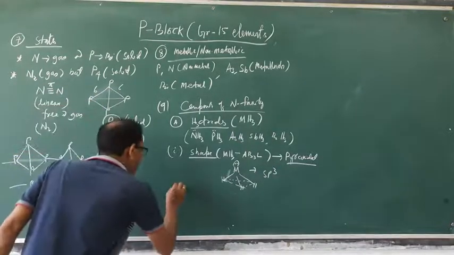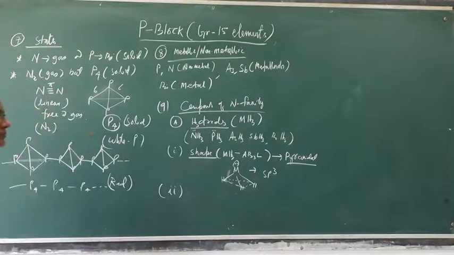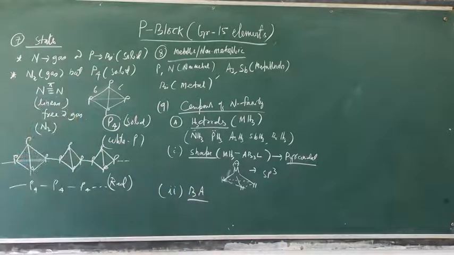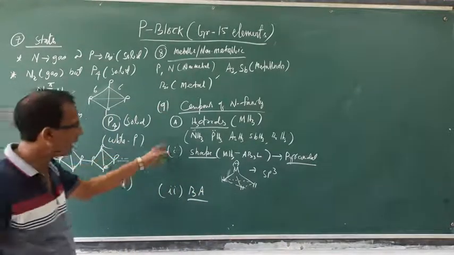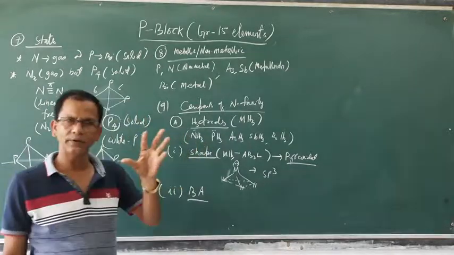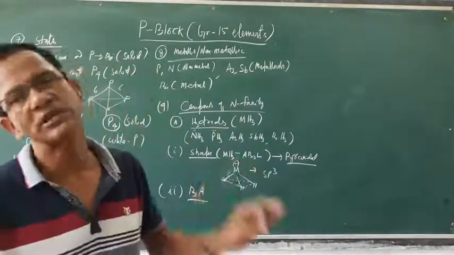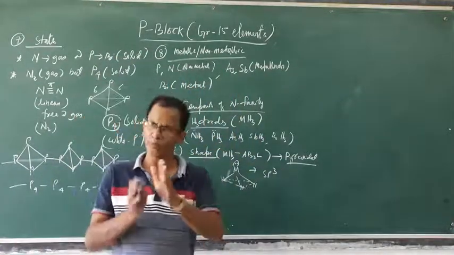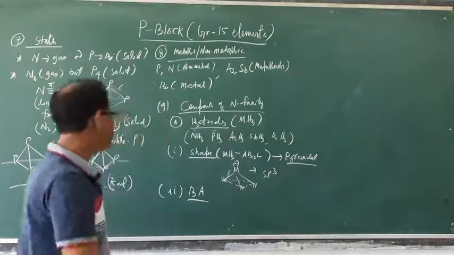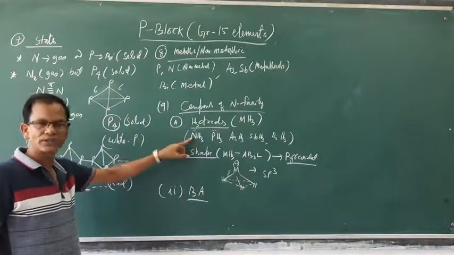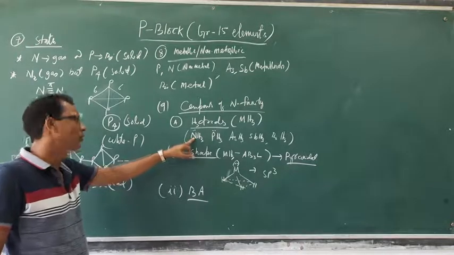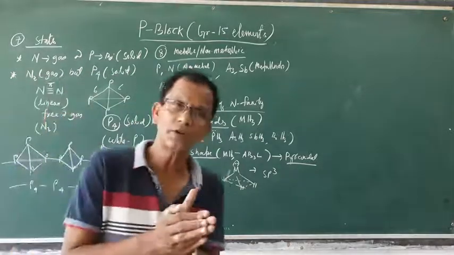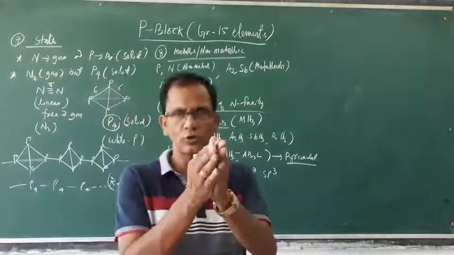The second property of hydrides is bond angle. The bond angle of a molecule depends upon the size of the central atom. If the central atom size is smaller, then the bond pair repulsion is more. That's why, as ammonia has the smallest central atom, nitrogen, the bond pair repulsion is more. Due to small size, the bonded pair electrons are very close to each other, so they undergo repulsion.